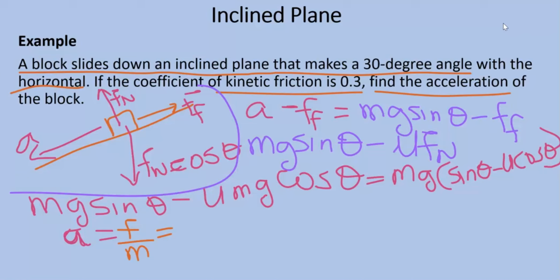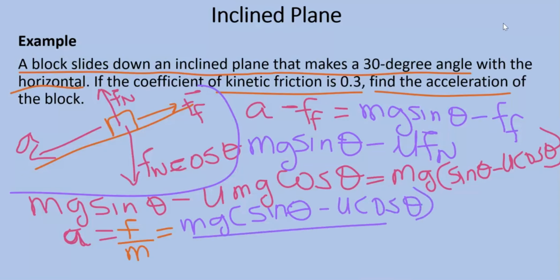So we'll have it as mg bracket sine theta minus mu cos theta all over m.